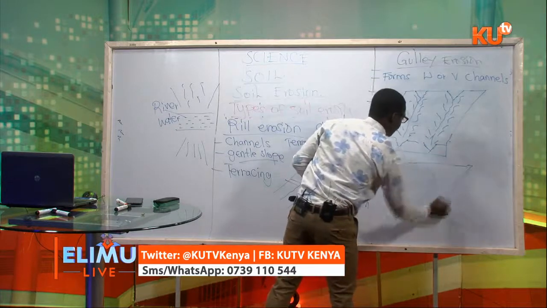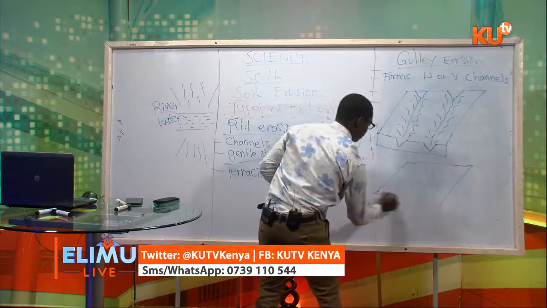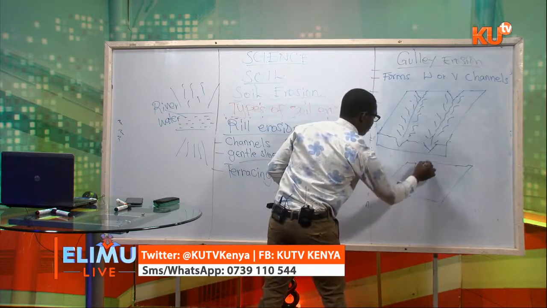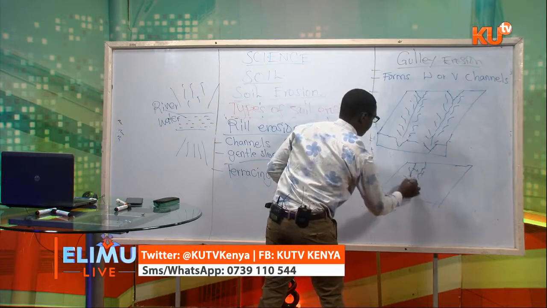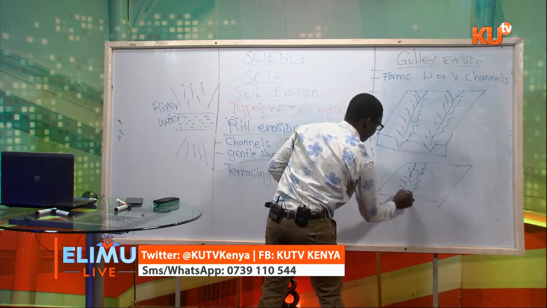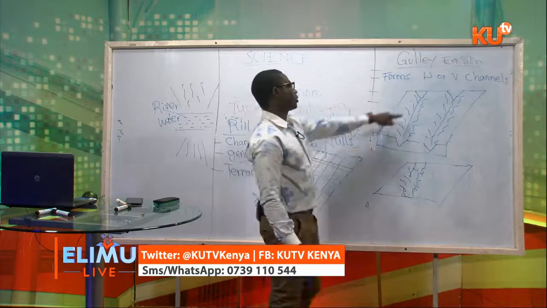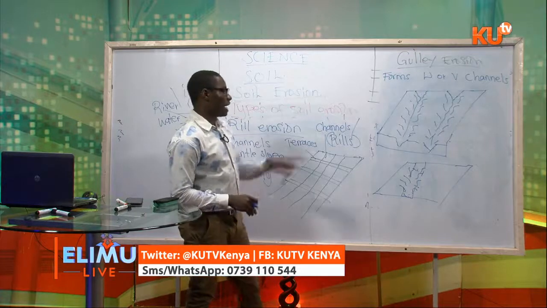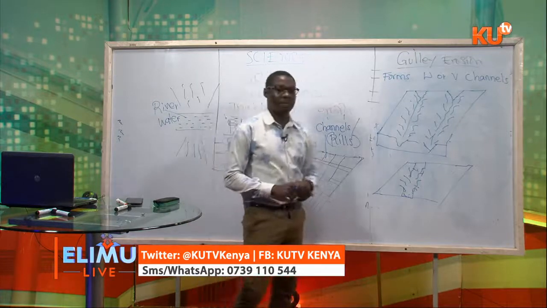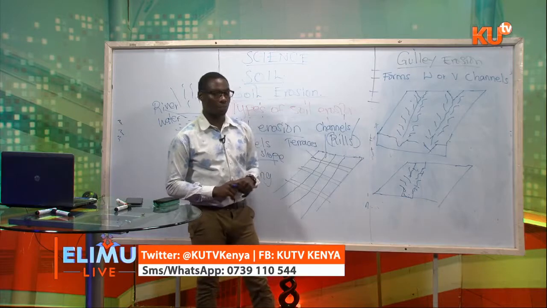When we come to U-shaped, this is what I call U-shaped. So it will be more pronounced. So these are the depressions that I'm talking about, either V-shaped or U-shaped. And gully erosion usually takes place in a steep slope.